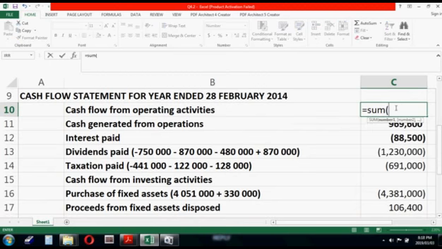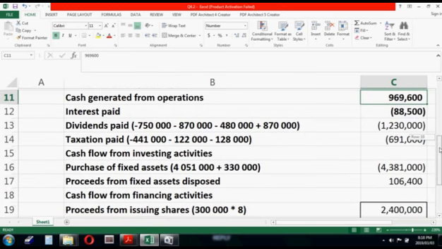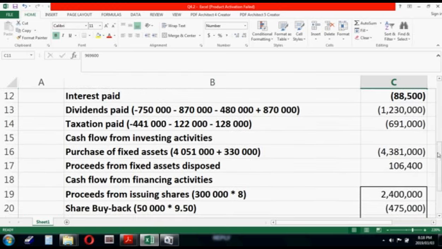It is simply adding up the current amounts that we have: the cash generated from operations, the interest paid, the dividends paid, and the taxation paid. If we simply add up all of that, we have an outflow. We do the same for cash flow from investing activities.